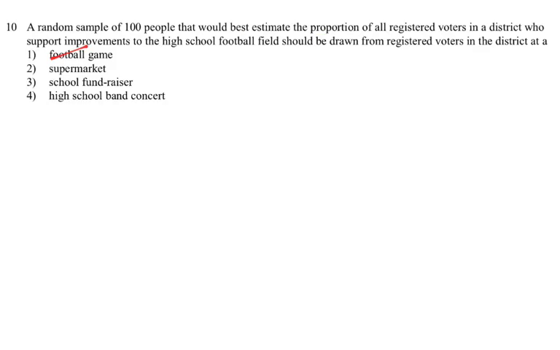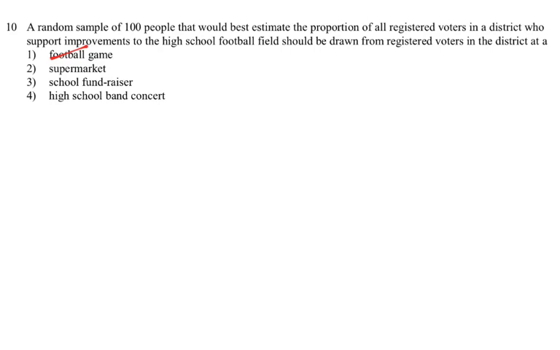Now, number 10. When you try to get a sample that is not biased, we shouldn't have any special relationship between the topic and the sample that we are getting.